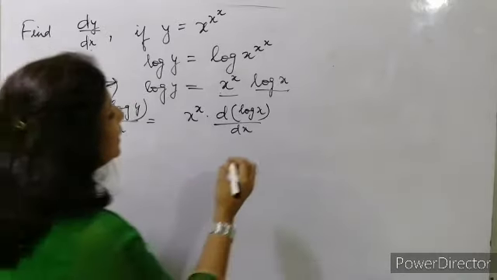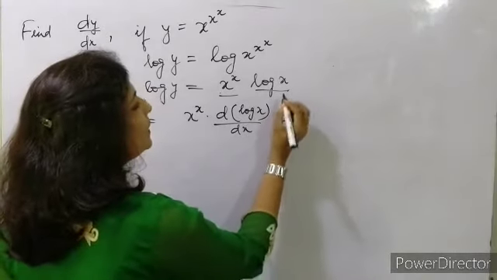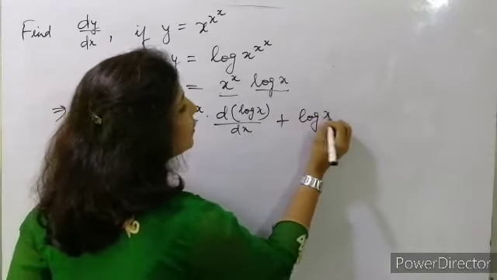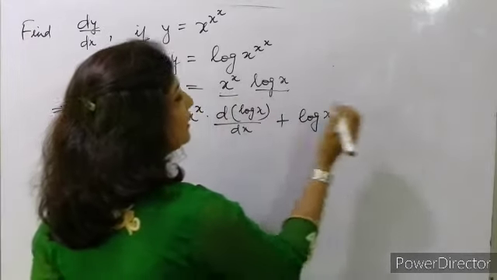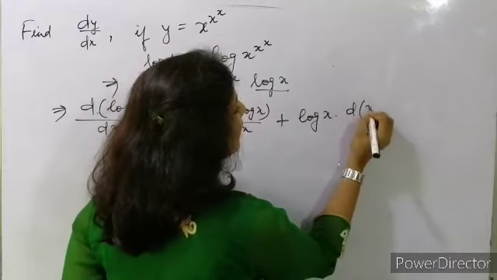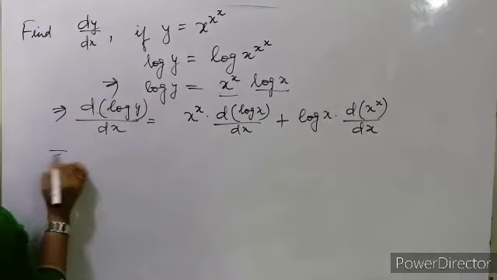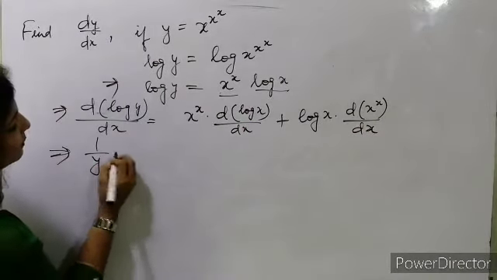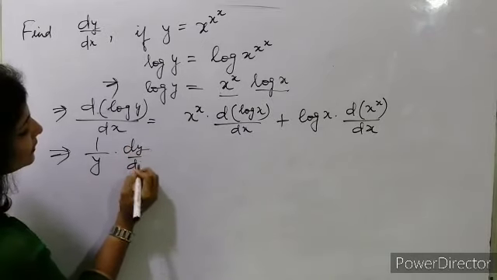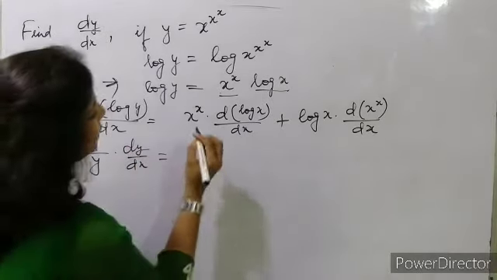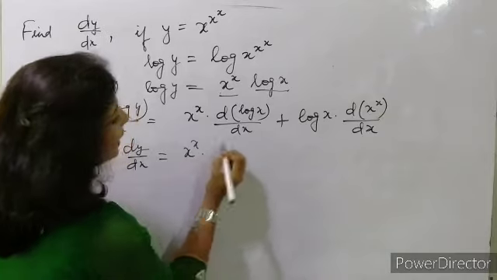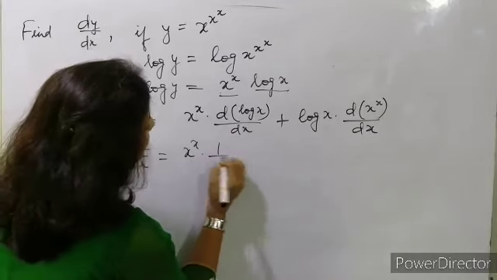Okay, and plus now we'll keep log of x constant and we have to find out the derivative of x to the power x divided by dx. So it will be 1 upon y multiplied by dy by dx is equal to x to the power x and log of x is 1 upon x.